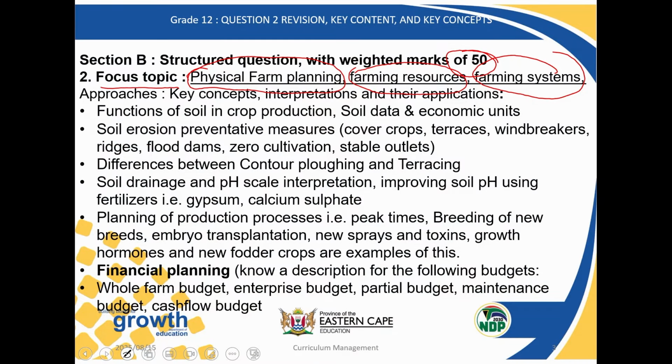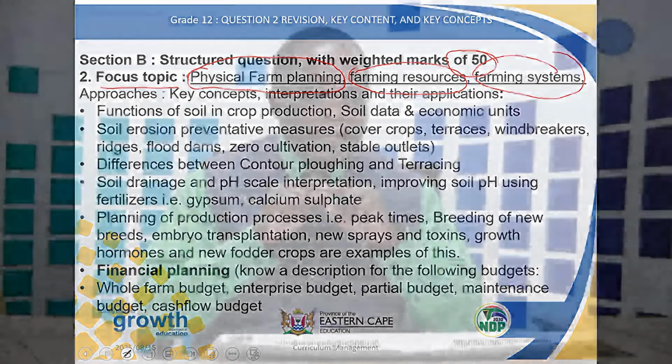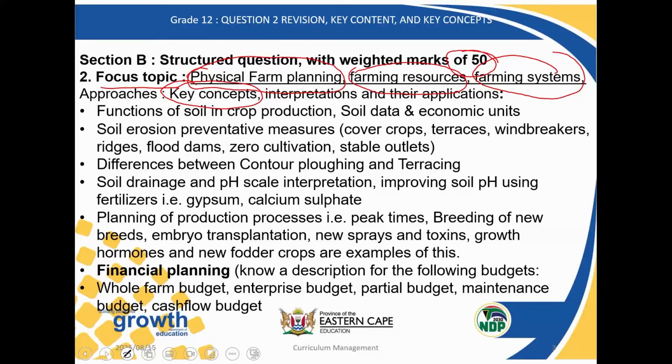Now, what are some of the key concepts here, and how are you expected to approach this question too? As you can see, it's a structured question, which means everything here is logical, it is in order. One, we expect you learners to know key concepts. That's number one. Number two, you must be able to interpret these concepts.